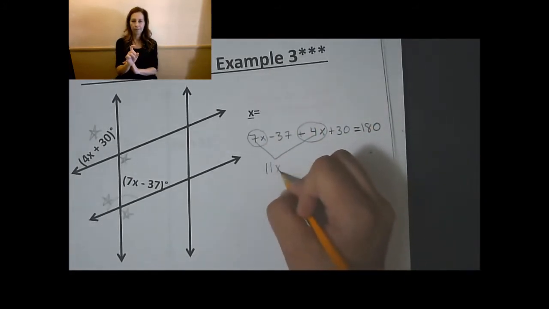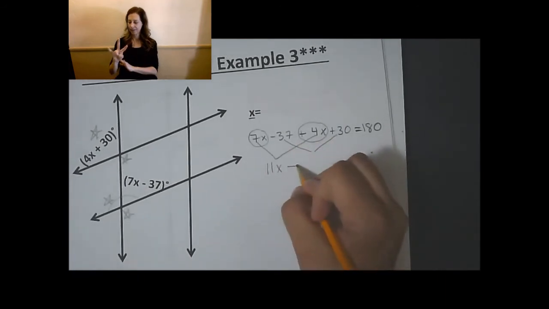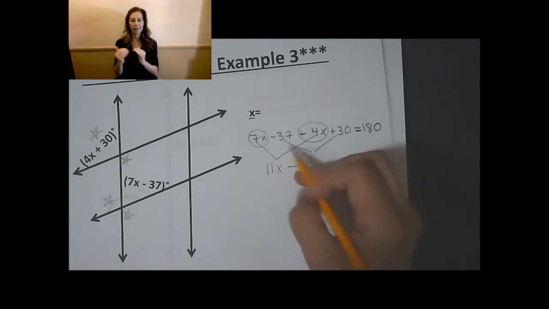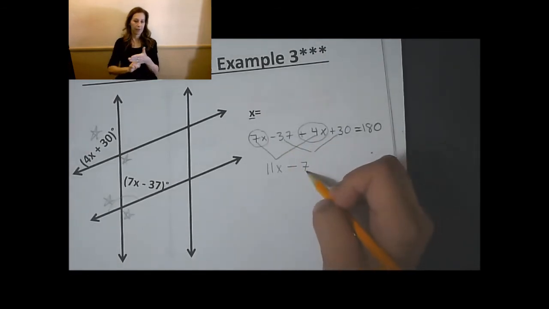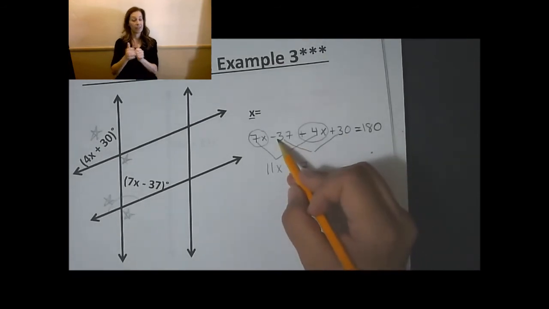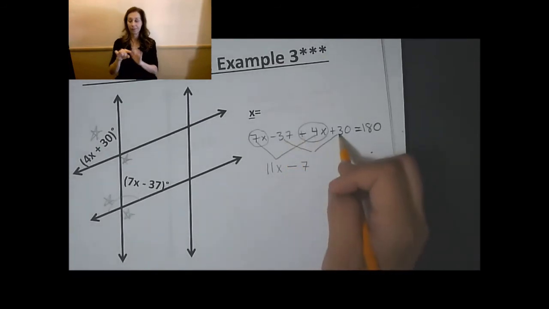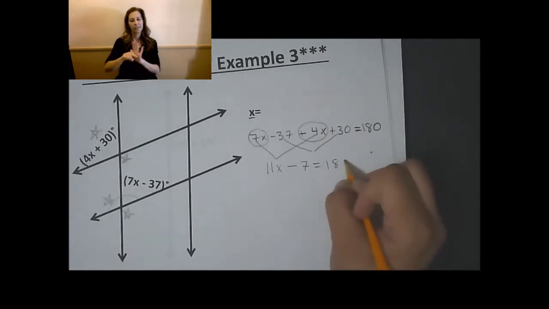That's 11x. And negative 37 plus 30, that makes negative 7. Different signs, subtract. 37 minus 30 is 7. Take the sign of the number that's further away from 0. Negative 37 is further away from 0 than positive 30, so negative. So 11x minus 7 equals 180.